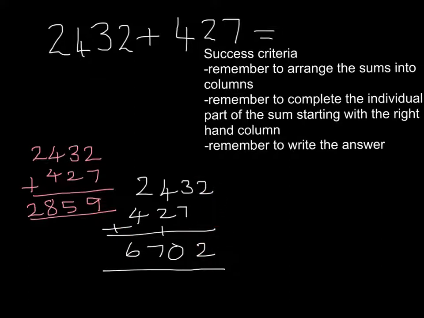No, they aren't. If we look at our number sentence, we had 2 units and 7 units. In our working, we have 2 units and no units, giving us an answer of 2 units. In our tens column, we had 3 tens and 2 tens. In our tens column now, we have 3 tens and 7 tens, giving us an answer of 10 tens.